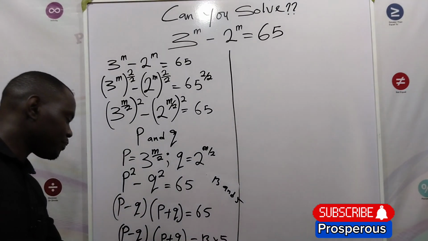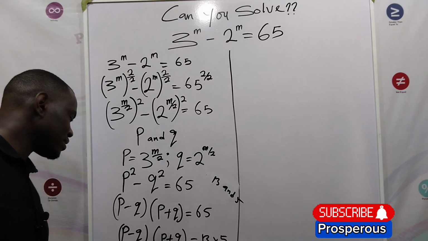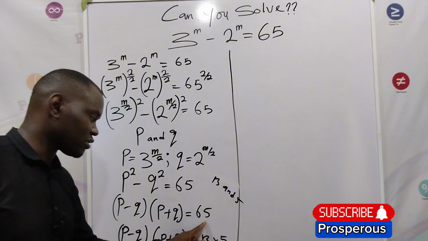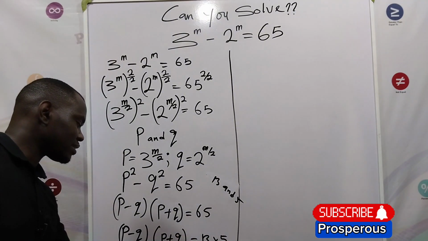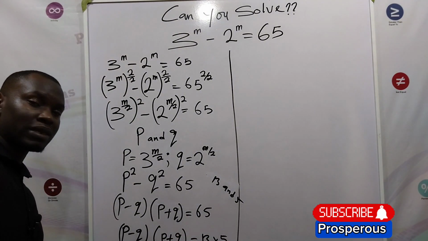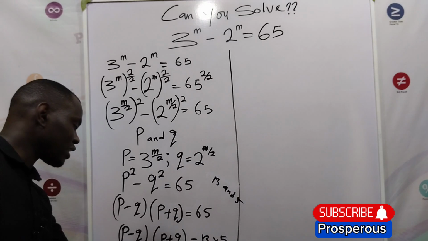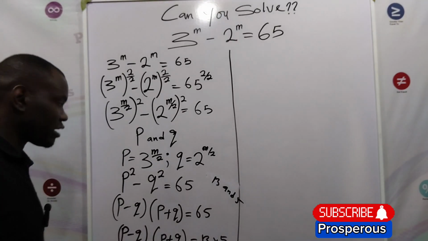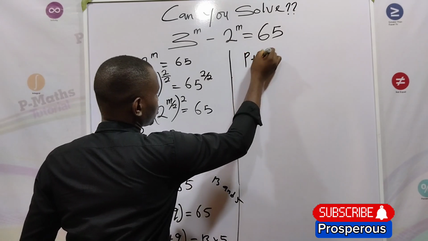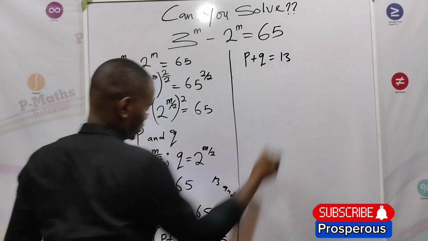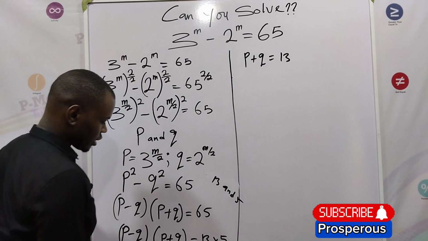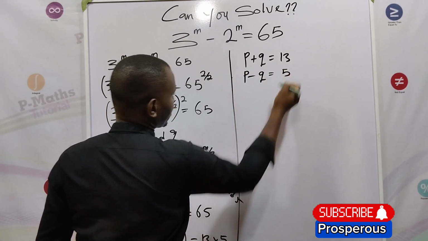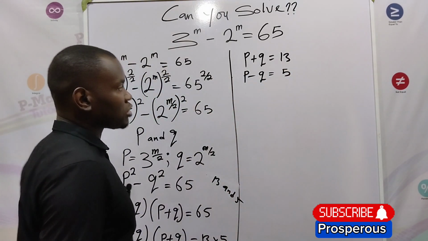Now, p plus q multiplies p minus q to give us 13 times 5, which is 65. So that means that this one is bigger than this one because you have to add the same factors that you subtracted. Therefore, to compare, p plus q equals 13, which is the bigger number, and then p minus q equals 5. So this is now simultaneous equation.